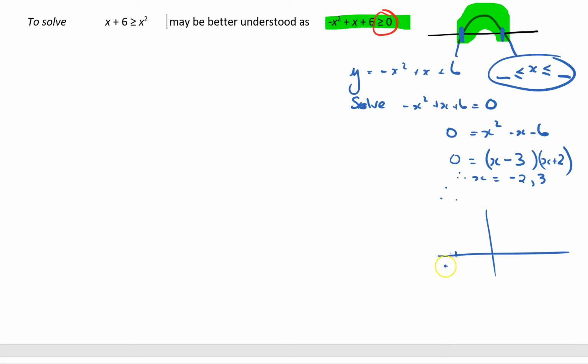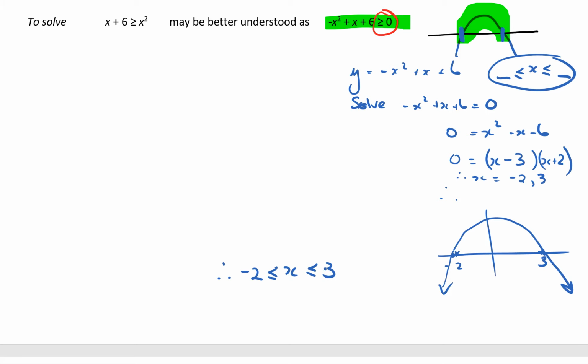So at minus 2 and at 3, our parabola is upside down, and that's all we're concerned about for the moment. We're not really concerned about where the axis of symmetry is, what the maximum value is. We're not interested in any of that. All that we're being asked to do is to solve, which means find the x values where this would be true. So we end up with, therefore, x is greater than or equal to -2, less than or equal to 3.